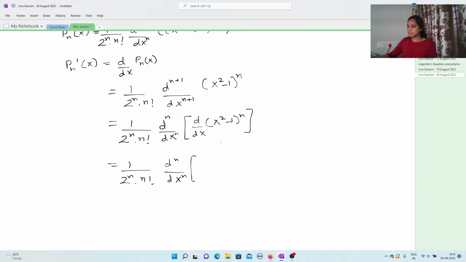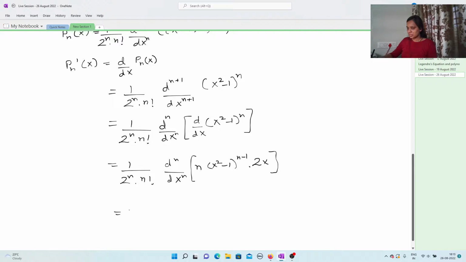Okay, so when we differentiate this, what will it be? n times (x square minus 1) to the power n minus 1. Now the differential of x square minus 1 is 2x. So this is what it becomes.